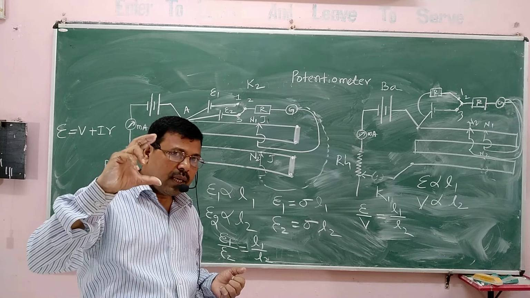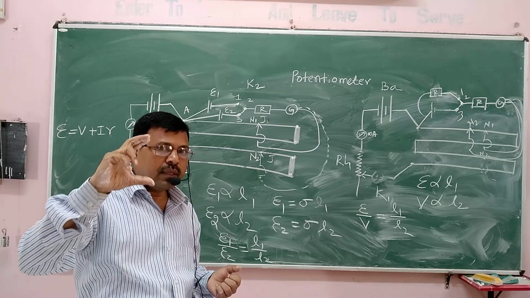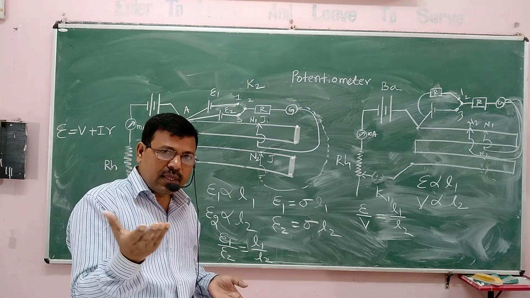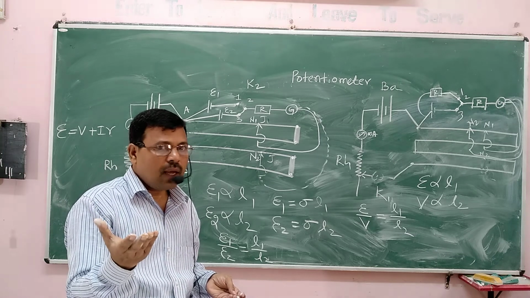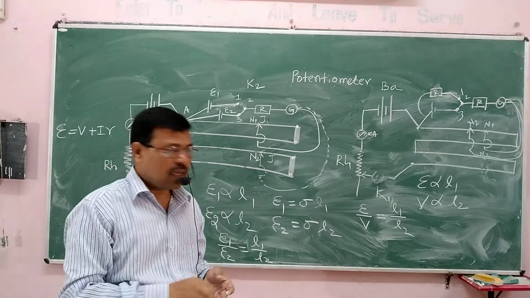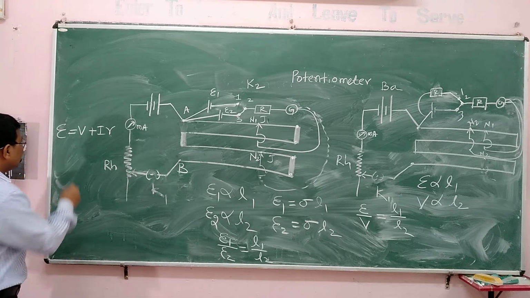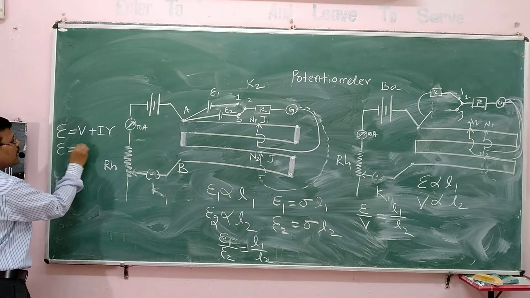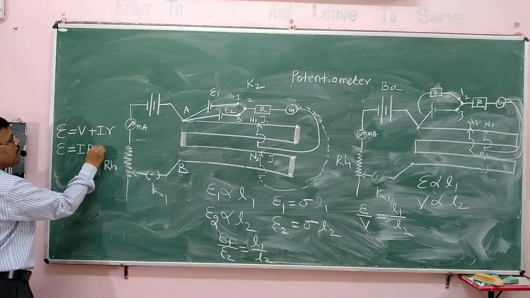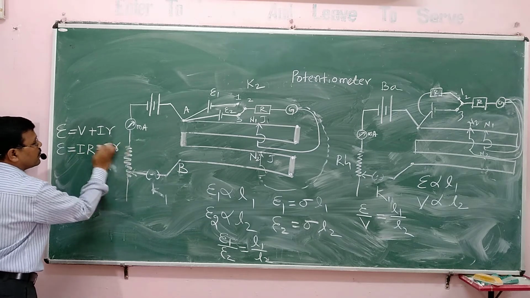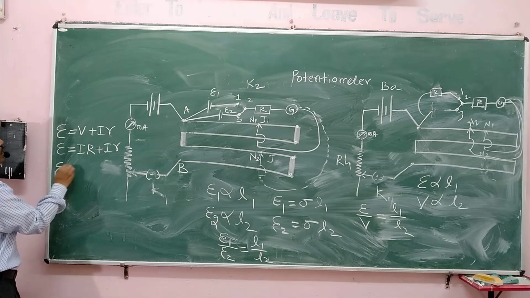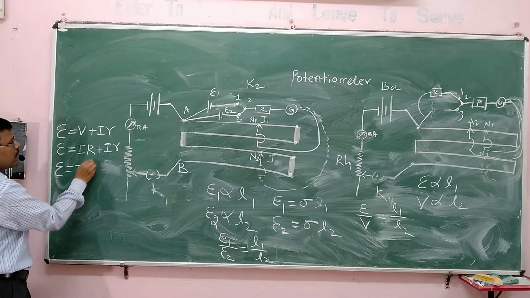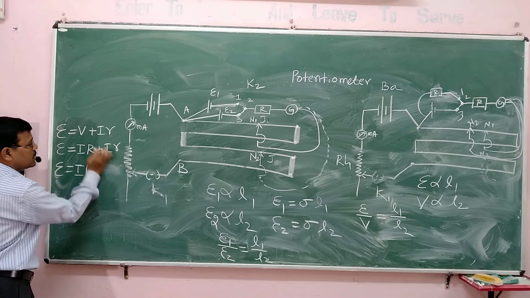So, internal resistance of the cell is that resistance of the cell which opposes the flow of current through the cell. Fine. Now I write this as E is equal to V, as we know by Ohm's law, IR plus Ir. So E is equal to I common, then we get R plus r.